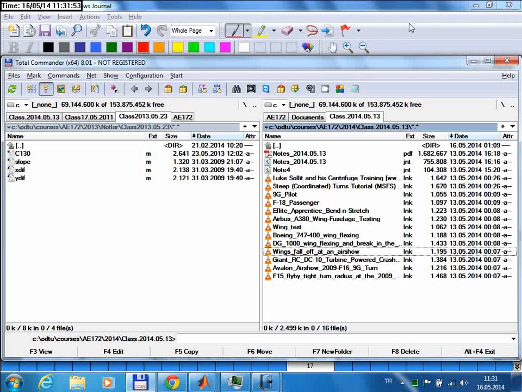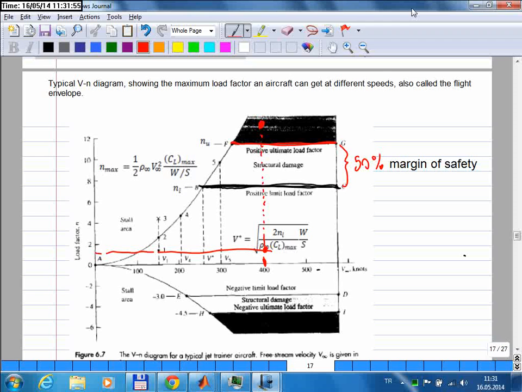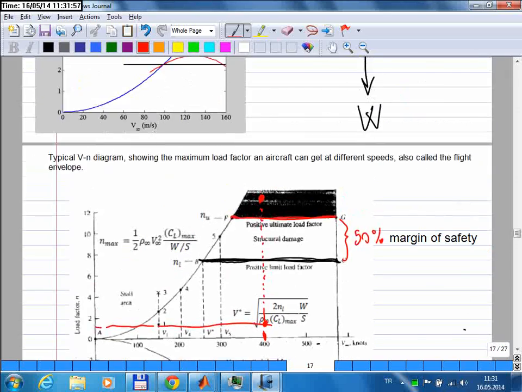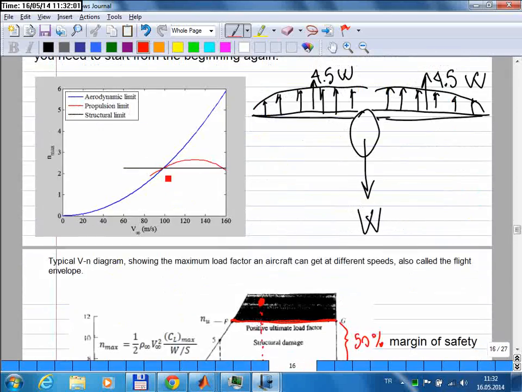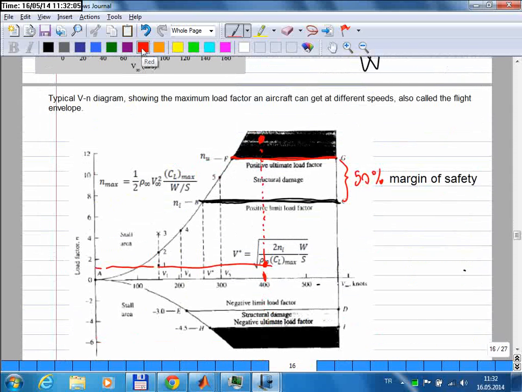Okay, any questions? So this is the VN diagram, and normally in practice this propulsion limit is not that important, because as I said, it is usually above the structural limit. So before you need to worry about the propulsion limit, you need to worry about the structural limit, so you don't really go there.